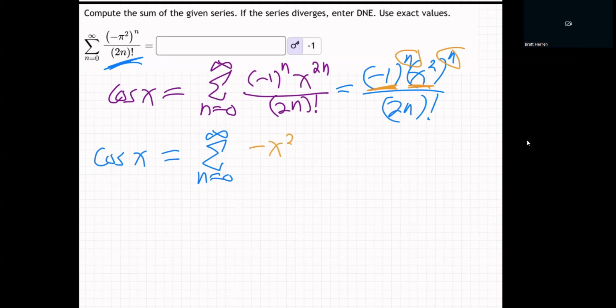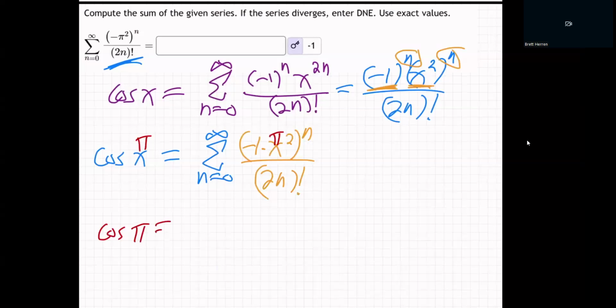I can go negative 1 times x squared, to the n power, because you can multiply them together to the n. Now it's looking a lot like this, except the last thing, you have to plug in pi for x. Pi for x.